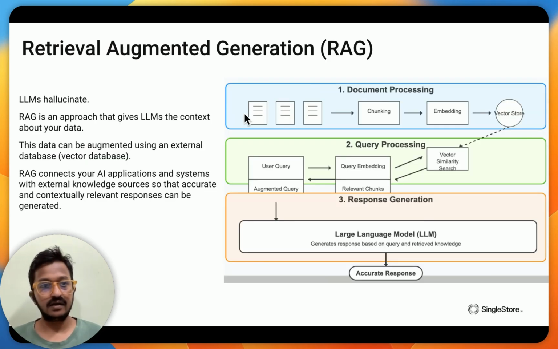And this is about RAG, Retrieval Augmented Generation. Since the demo and tutorials that I'm going to show are all about building RAG applications using LangChain and Llama Index, let's understand what RAG is a little bit. LLMs, large language models, hallucinate.